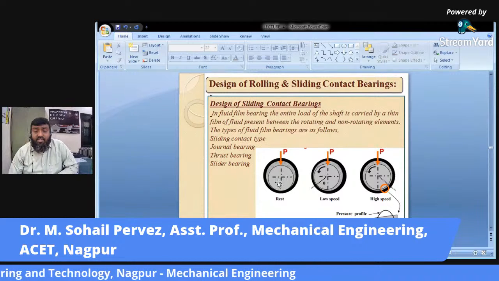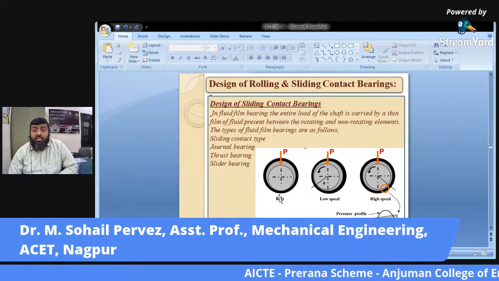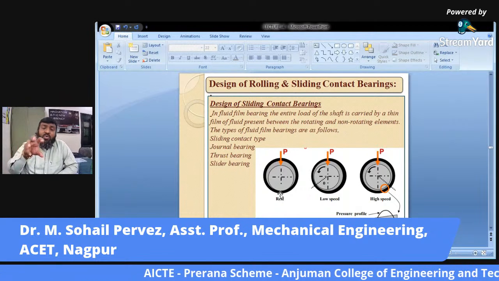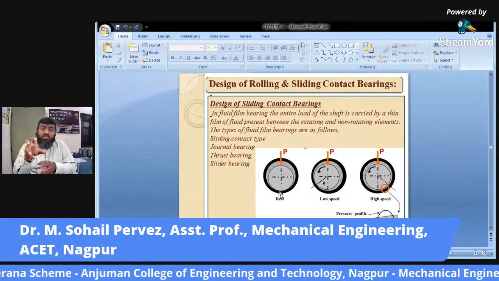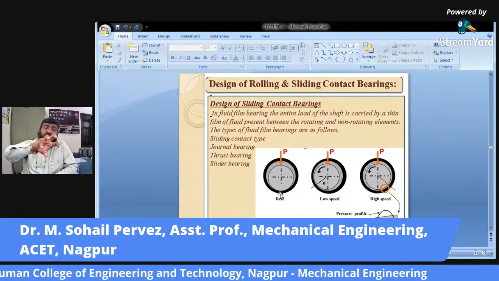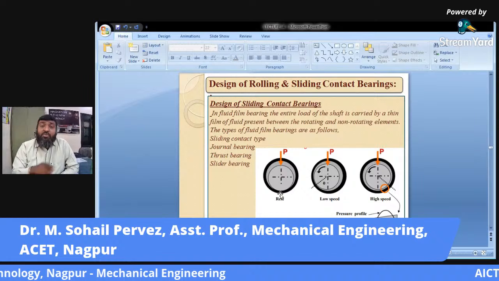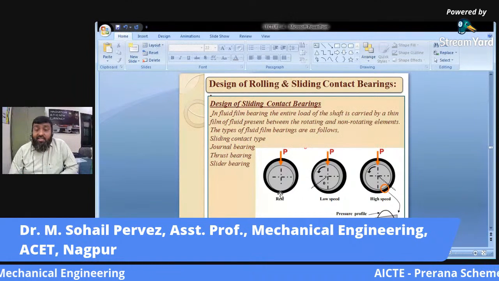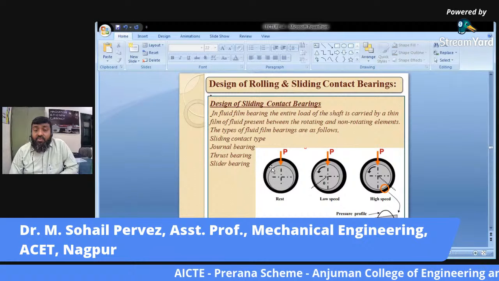So this shaft or the journal is touching the bearing surface. The moment it starts rolling, this shaft at low speed will try to climb on the surface of the bearing, and due to this, the entire assembly is filled with the fluid.